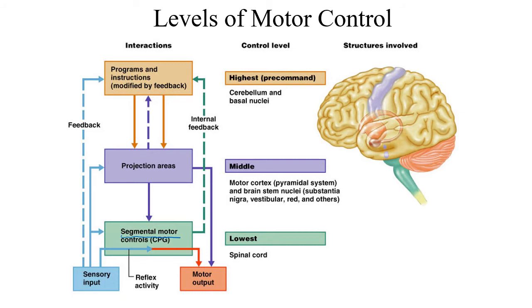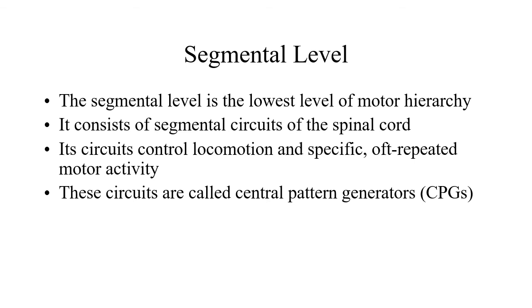We have kind of a medium type of control with our projection level. And then our pre-command gives us the greatest amount of control of all, as this is coming up from the cortex.